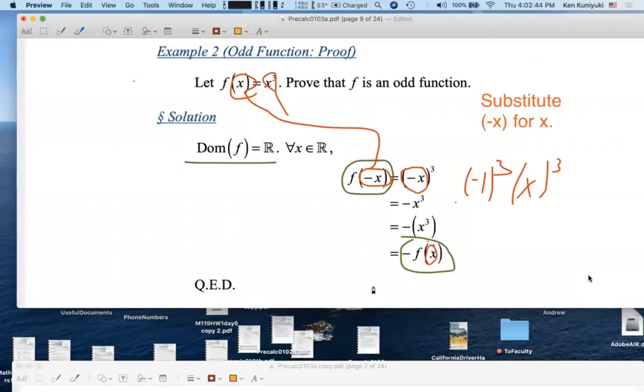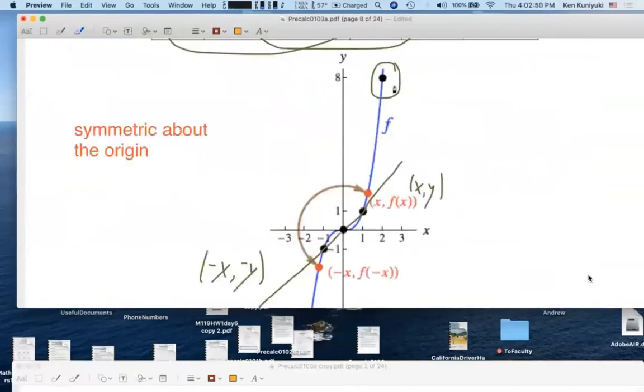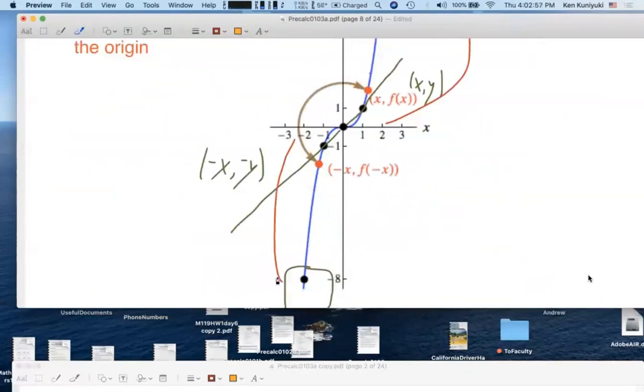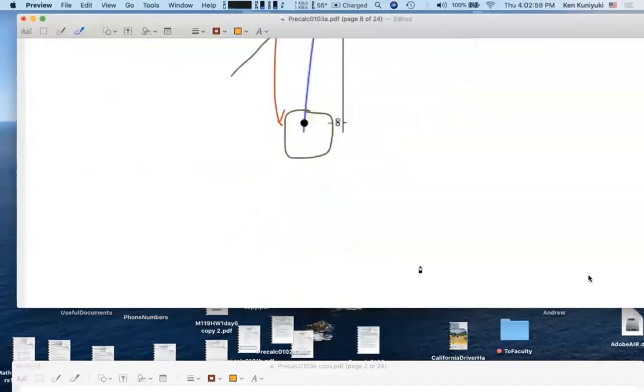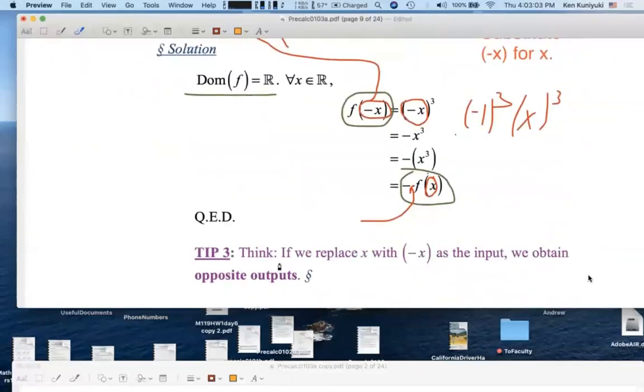Opposing x values in the domain yield opposing function values. If 2 gave us +8, -2 will get us -8 as the function value or y-coordinate. If we replace x with its opposite as the input, we obtain opposite outputs.